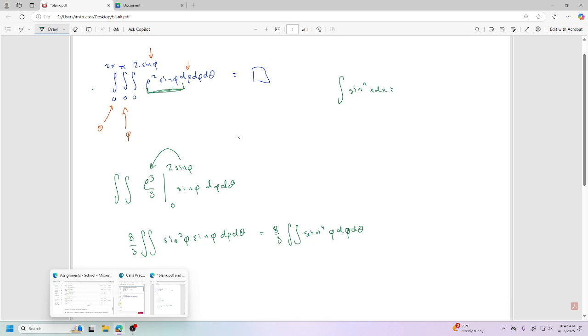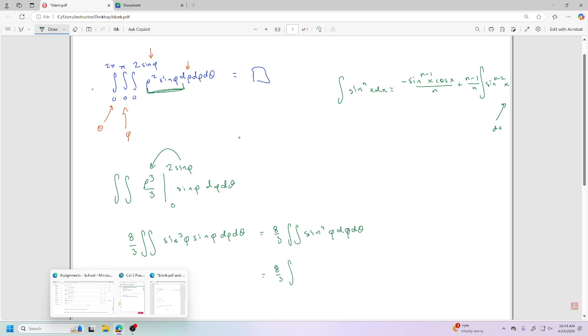It's negative sine to the n minus 1, cosine x, all over n, plus n minus 1 over n integral of sine to the n minus 2 x dx. Sorry, I didn't have enough room for dx. I'll just kind of do a little dx arrow there. So that's my formula.